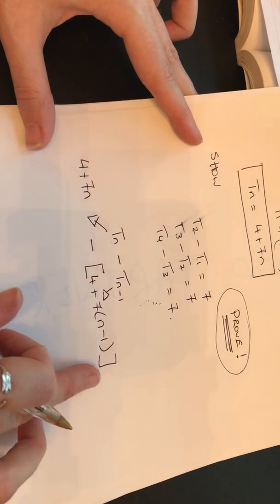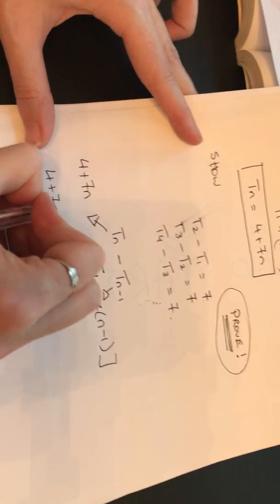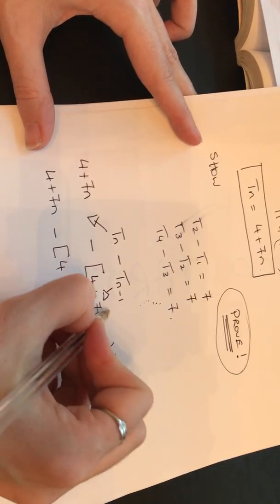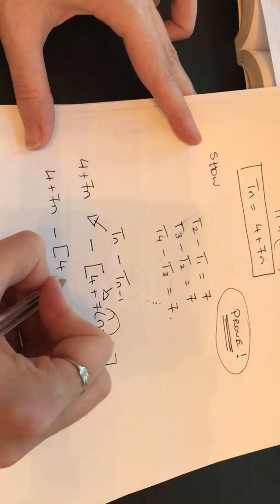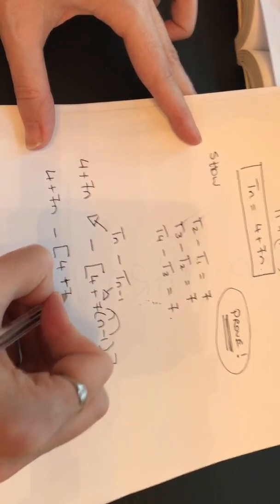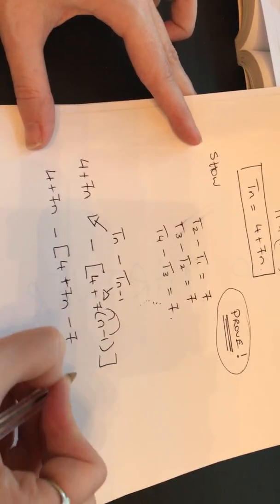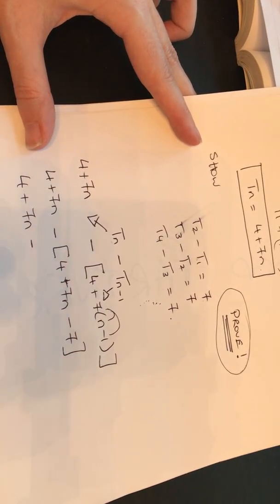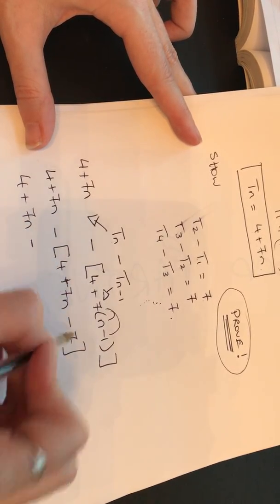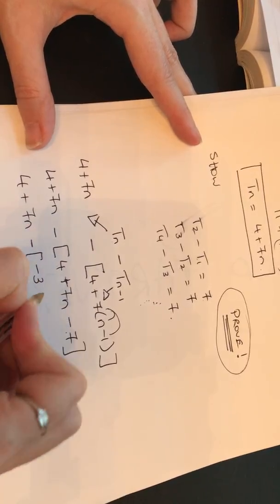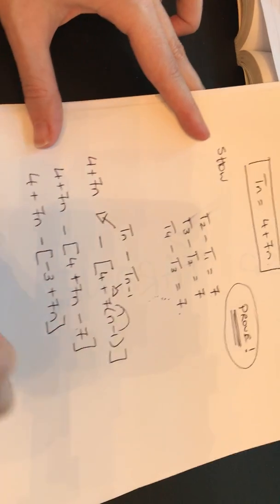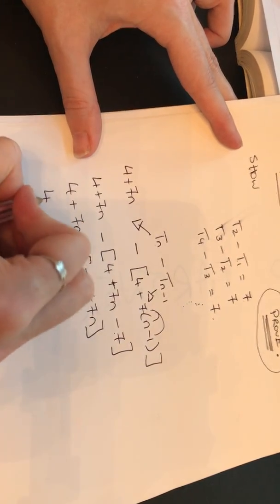I'm going to work all this out. So that's 4 plus 7n minus, I'll leave it there, and I'm just going to work this part out first: 4 plus 7n minus 7, which gives me 4 plus 7n minus, that gives me a minus 3 plus 7n. That minus is going to impact everything after it.